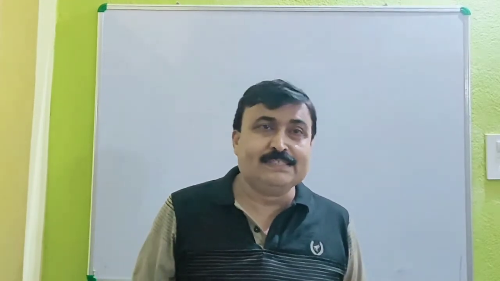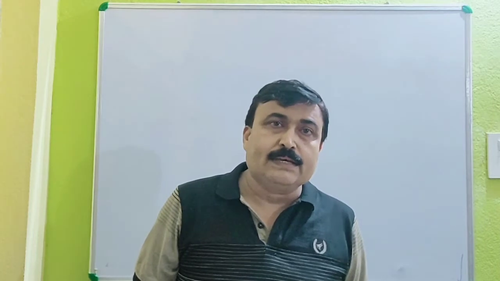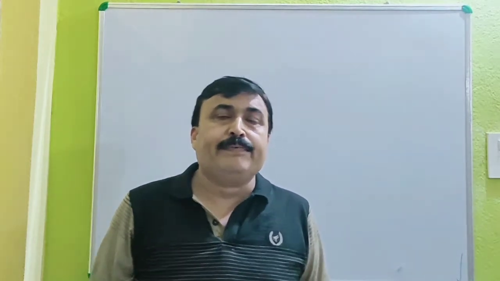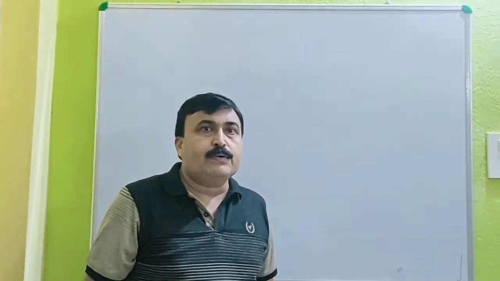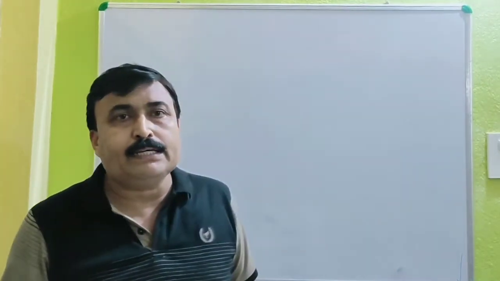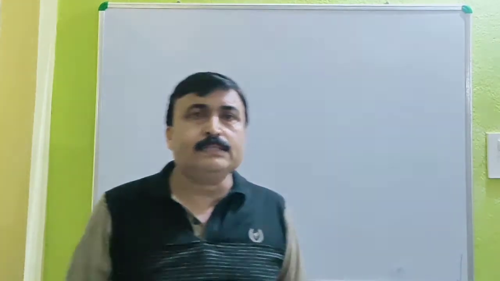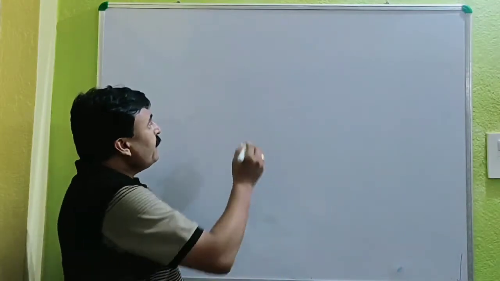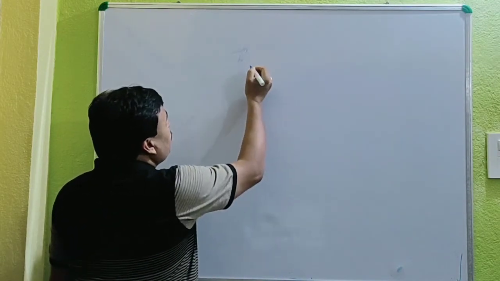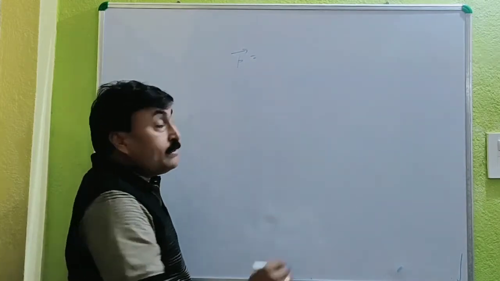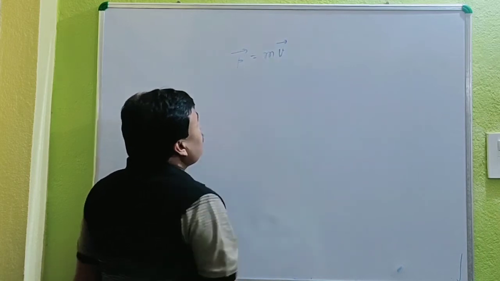Hello students, in this video we will discuss a physical quantity, linear momentum, which was identified by Sir Isaac Newton. This physical quantity is denoted by P vector and is equal to mass into velocity.